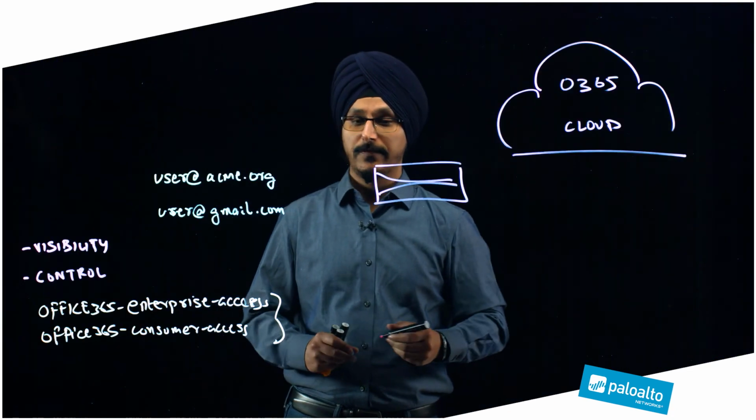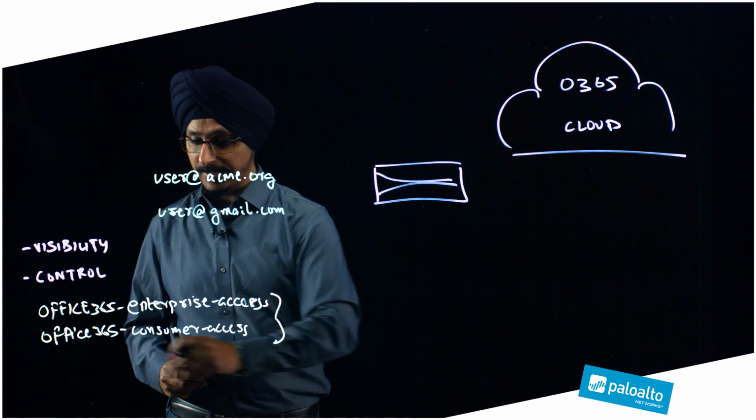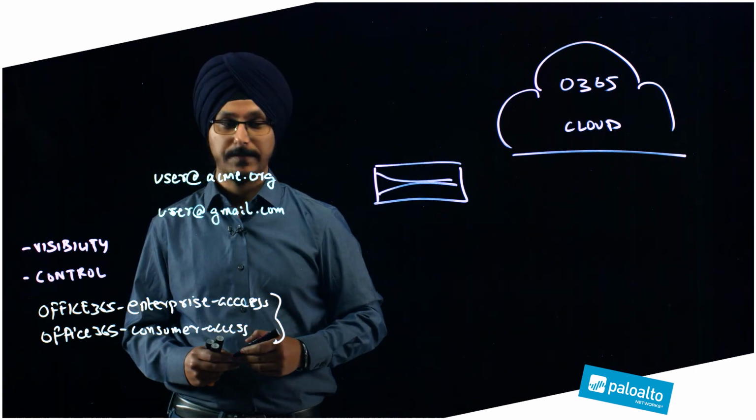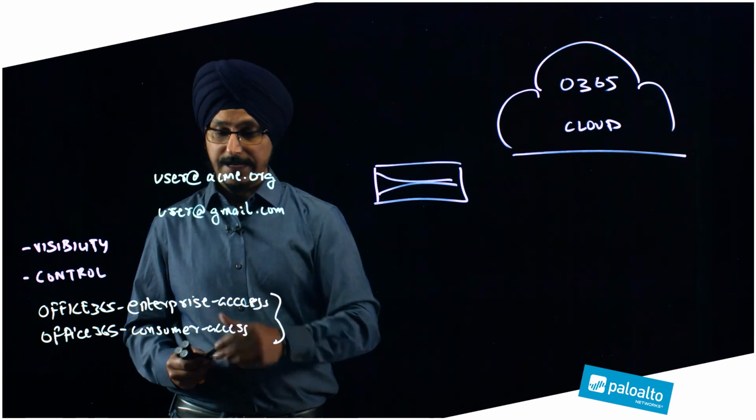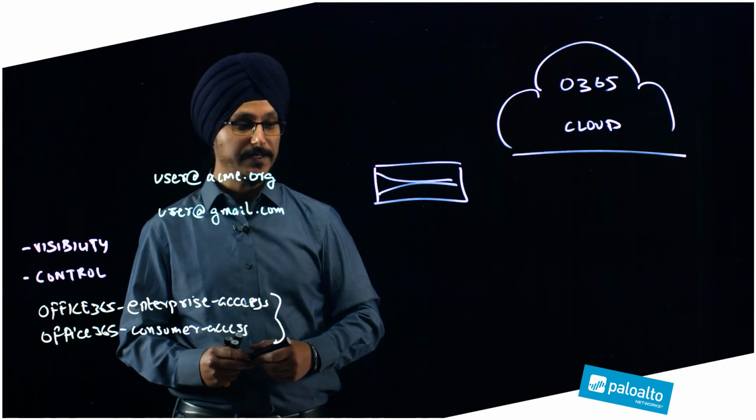So one of the first use cases that you can go ahead and solve with this is to block the consumer access to Office 365 services. And that is very straightforward. We have this App ID called Office 365 Consumer Access. And there's another one called Office 365 Enterprise Access.